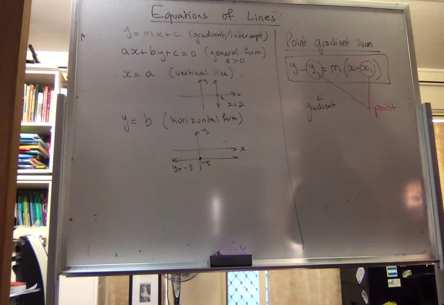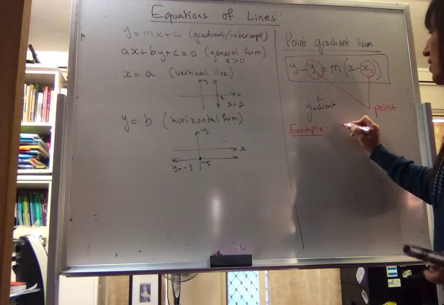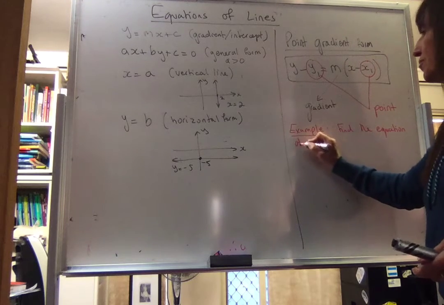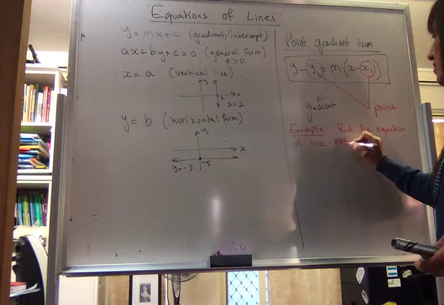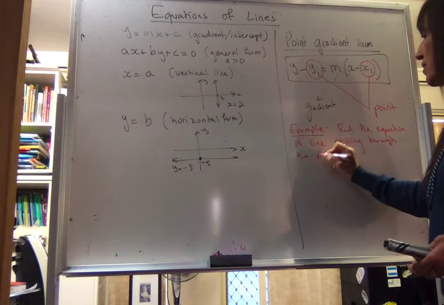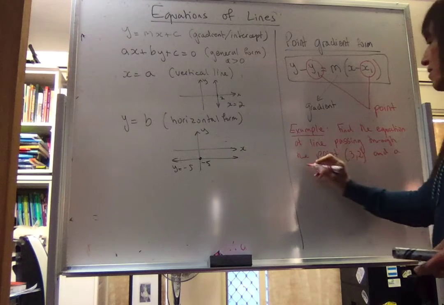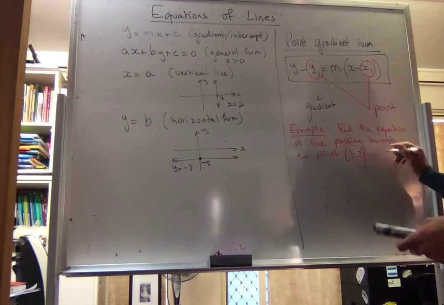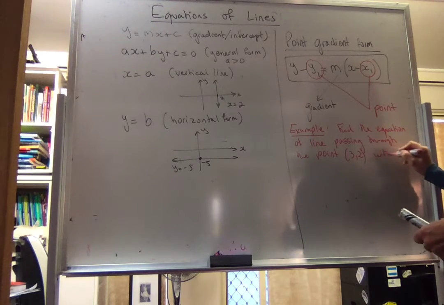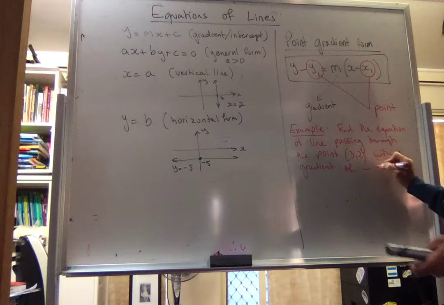All right. So, for example, a quick question looking at how to apply this formula. Find the equation of a line passing through the point 3, 2 with a gradient of -4.